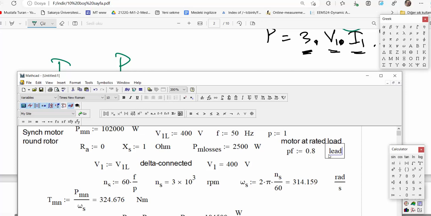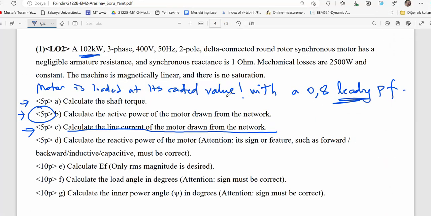That was another issue we missed here. We have added the 0.8 leading power factor.